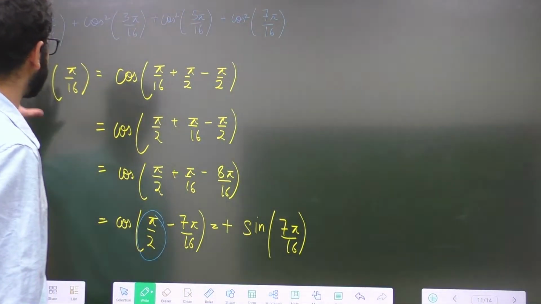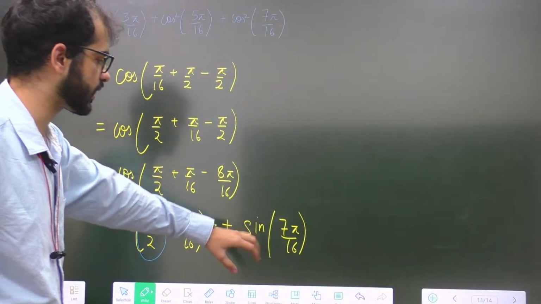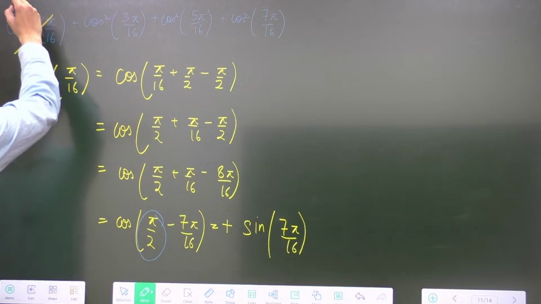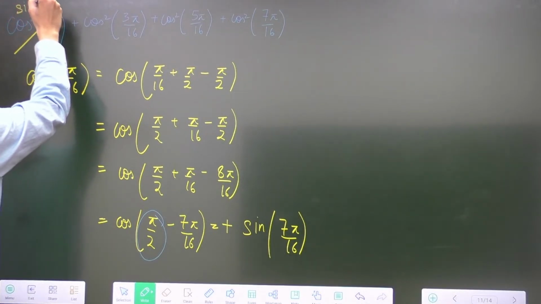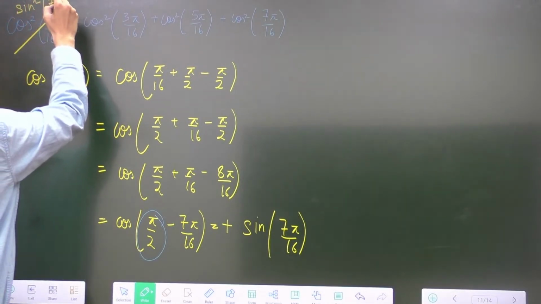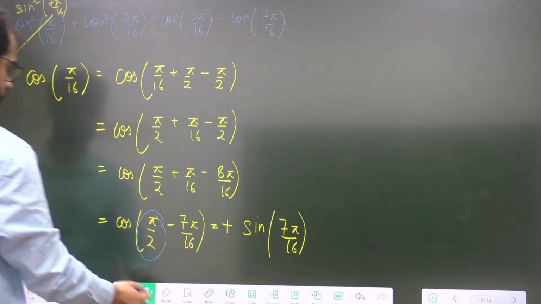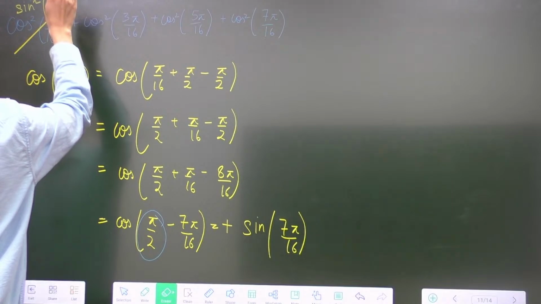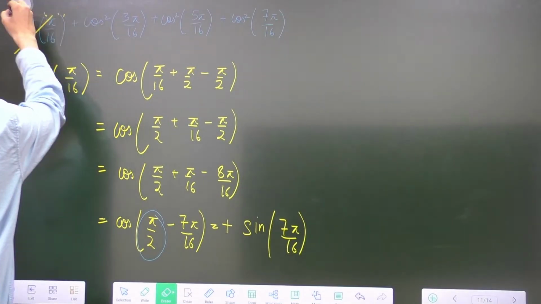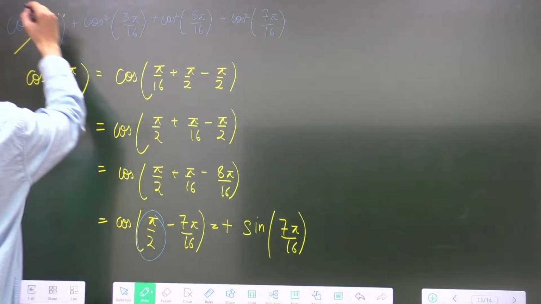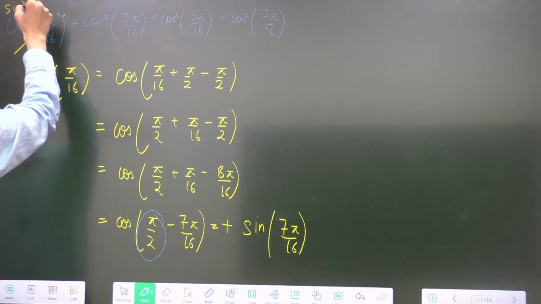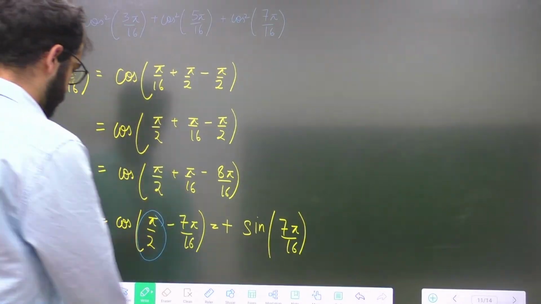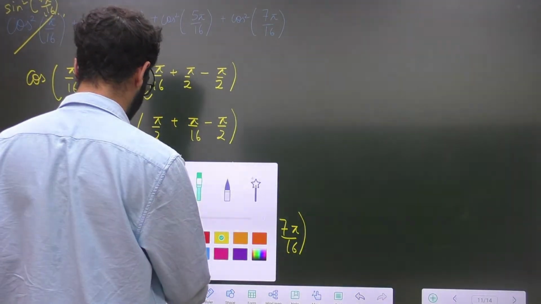So I can say that cos pi by 16 is the same thing as sine 7 pi by 16. So instead of cos square pi by 16, I can also write sine square 7 pi upon 16. Okay, now let's have a look at this.